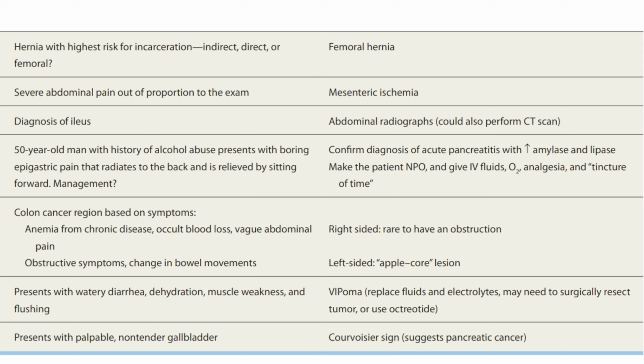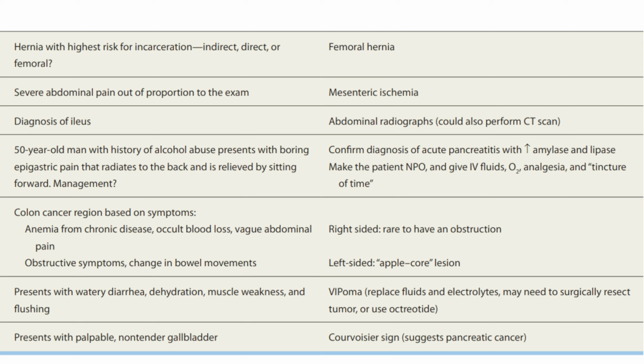If you have a patient that presents with watery diarrhea, dehydration, muscle weakness, and flushing, this is a VIPoma.